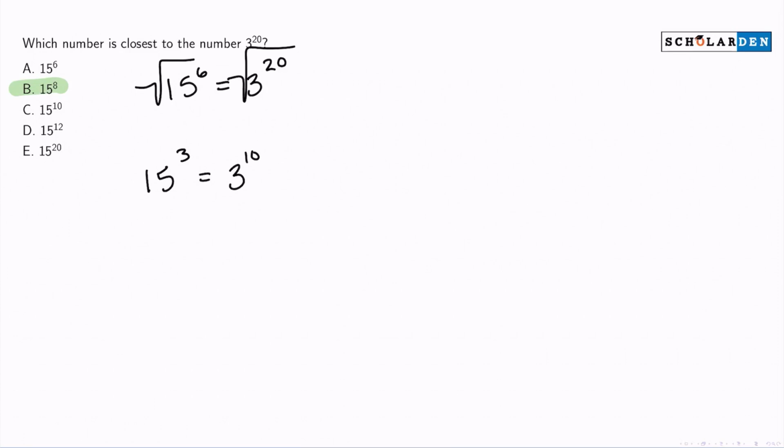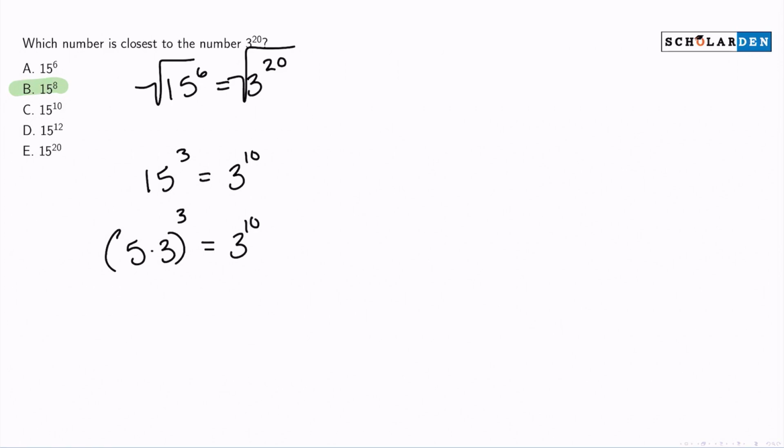Again, let me reiterate, these numbers are not equal. I'm using an equal sign, assuming that they're equal, and I'm going to see how close they actually are. Next, 15 is the same as 5 multiplied by 3, and that is still cubed. Why is that helpful?